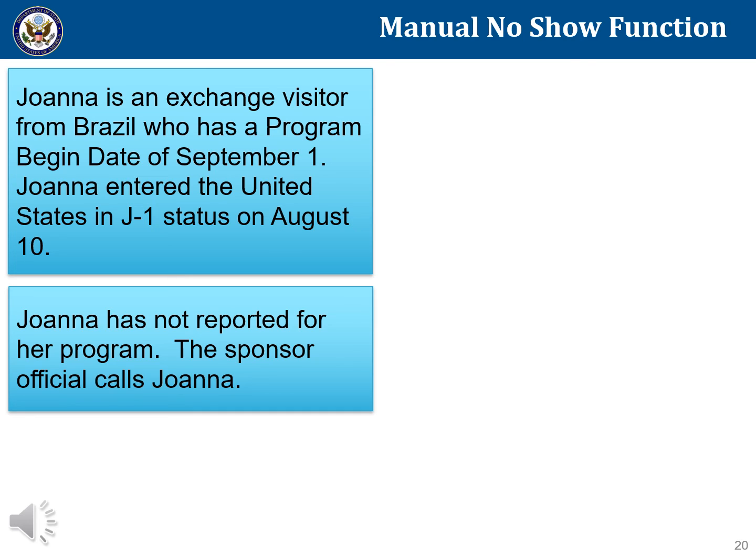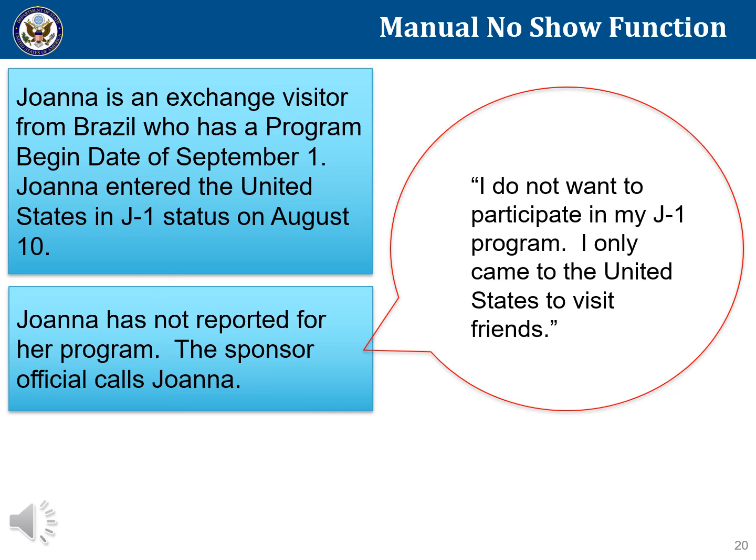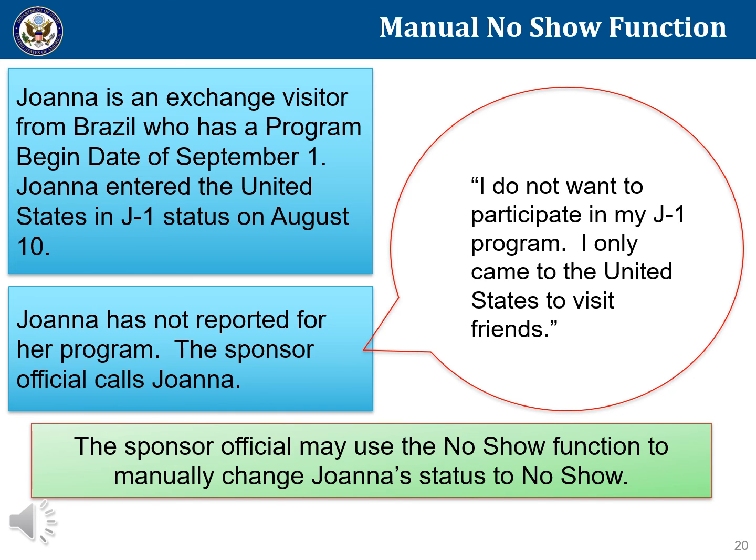Joanna says that she has no intention to participate in any exchange visitor program activity and instead plans to spend her time visiting friends. Because the sponsor official is certain that Joanna has entered the United States in J1 status with no intention of participating in the J1 program, the sponsor official may manually change Joanna's status to no-show rather than waiting for SEVIS to automatically change status.